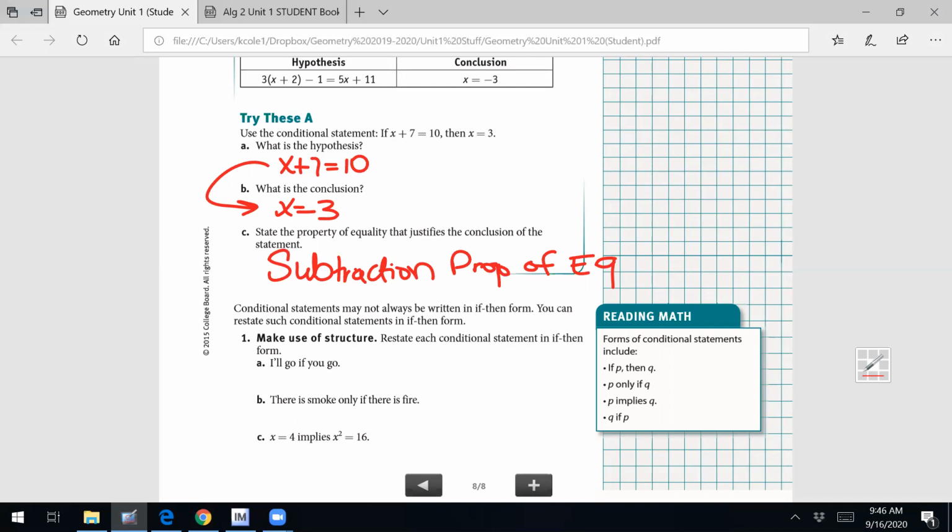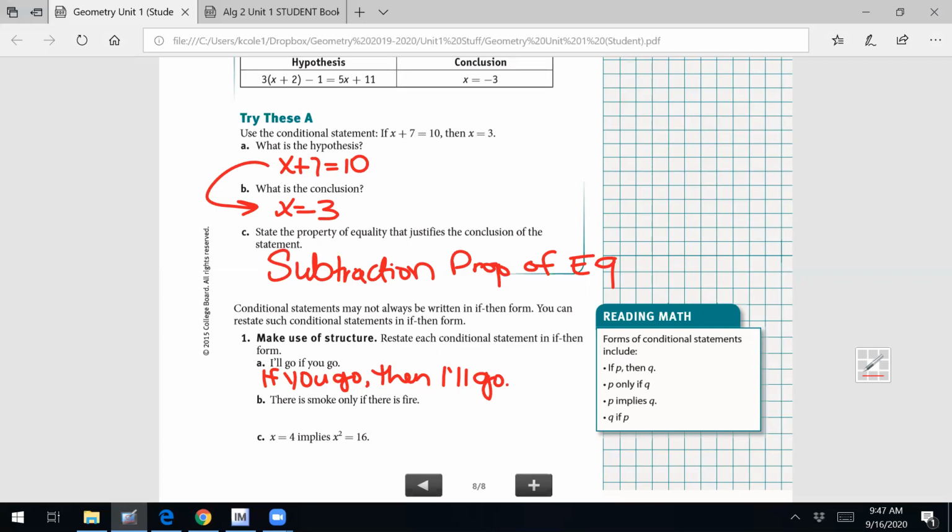How would we rewrite that? That's right. If you go, then I'll go. If you go, then I'll go. Okay? So you've got your hypothesis is you go. The conclusion is I'll go.